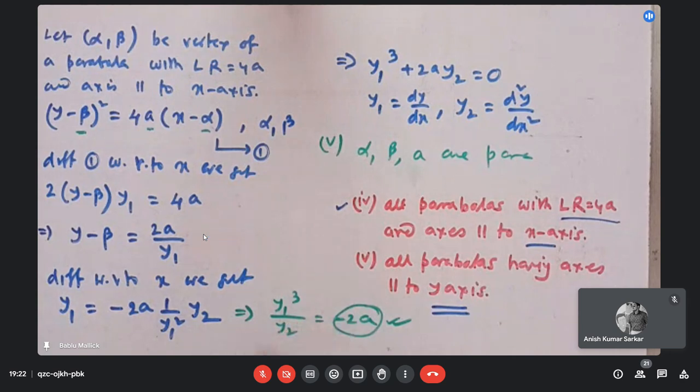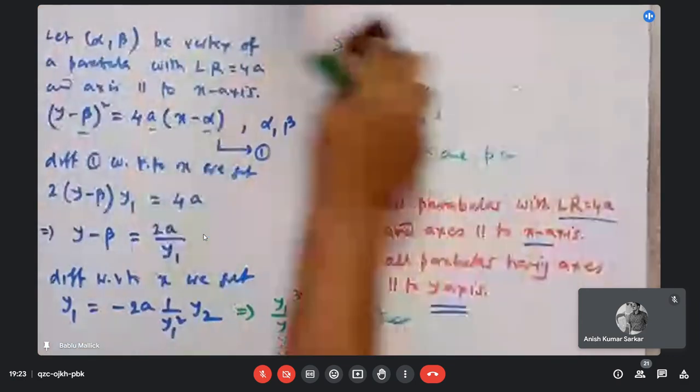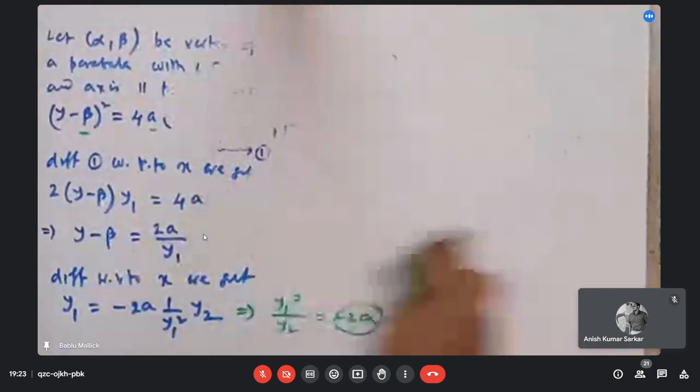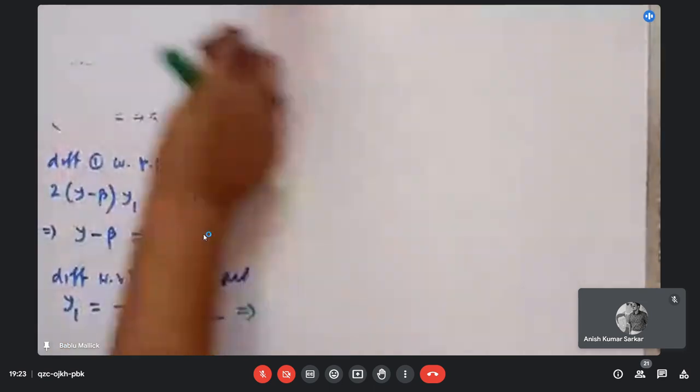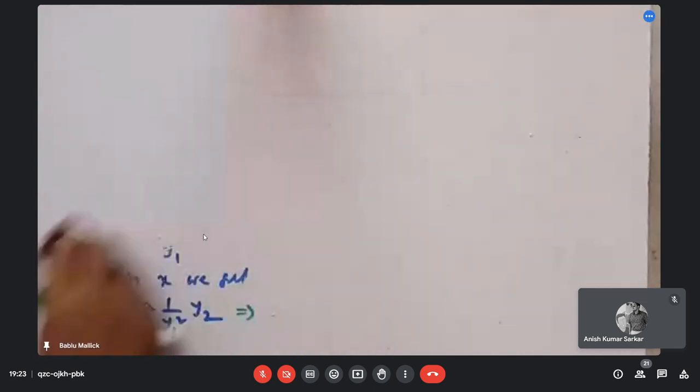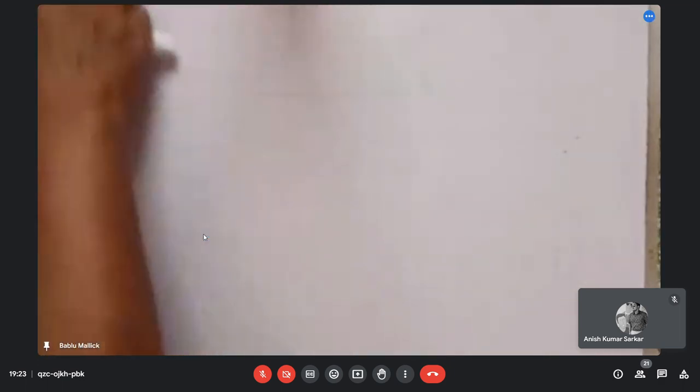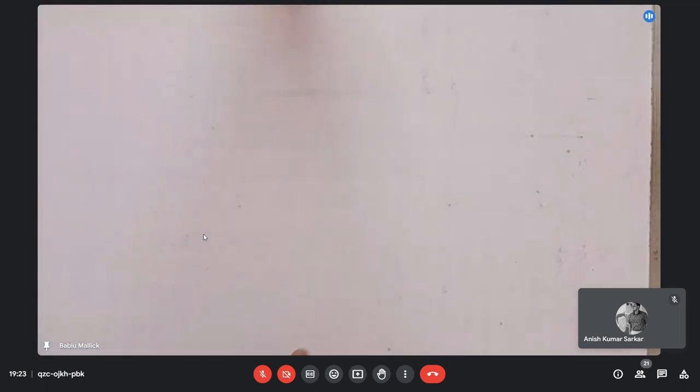How will we check whether a differential equation is exact or not? Then we shall solve the exact differential equation. And next, if a differential equation is not exact, then how can I solve it?